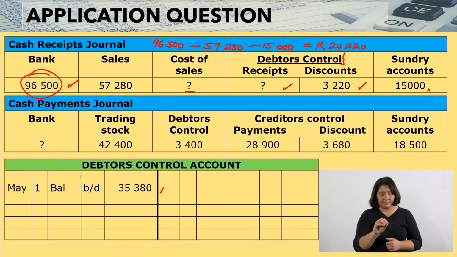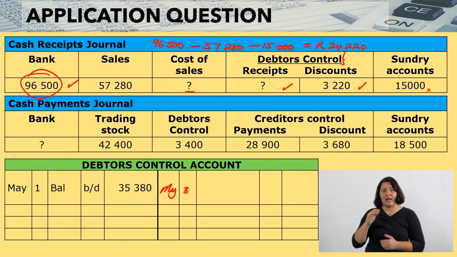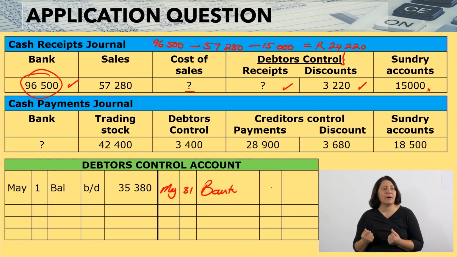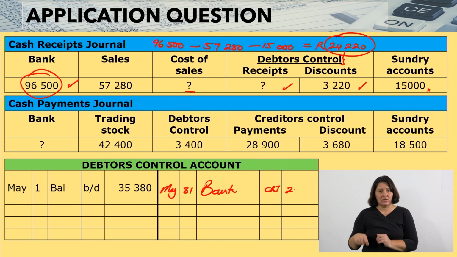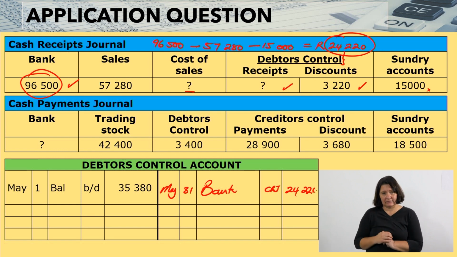I will then take that amount. I'm coming here. This is May, and we're talking the end of May 31st. Bank. How much did we receive from our debtors? CRJ. So far we have recorded 24,220.